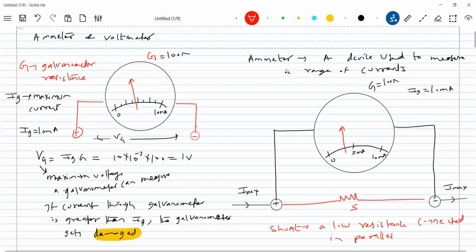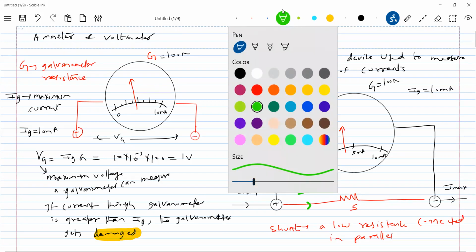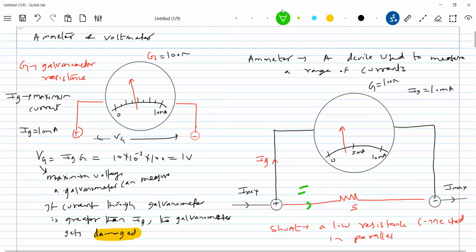There's a convention. Now let the current flowing to the galvanometer be Ig. So what is the remaining current? It will be I max minus Ig, and the same current will come out, giving polarity plus and minus. So I max minus Ig plus Ig equals I max here.